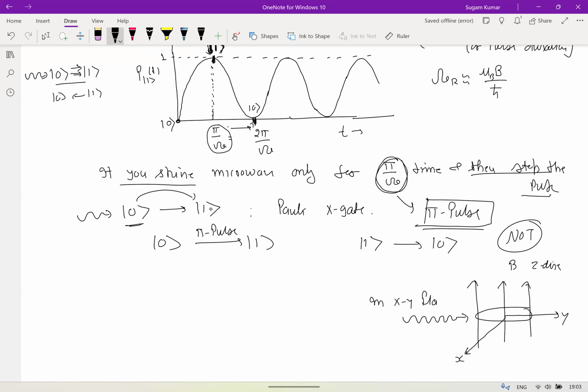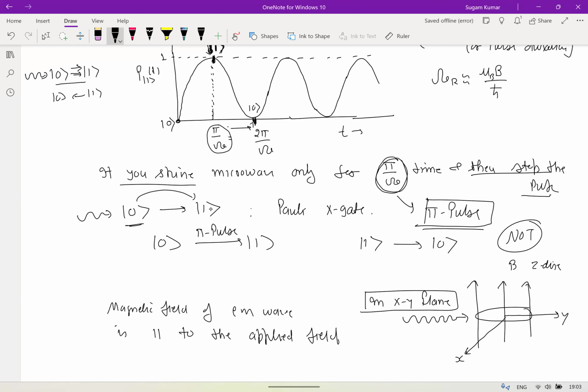You can't say what is x and what is y, correct? Yes, sir. So generally, we shine the photons in the xy plane to make sure that the magnetic field of the EM wave is perpendicular to the applied field. Then only the interaction will be maximum. Yes, sir.